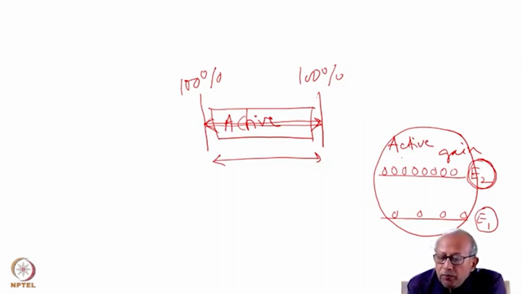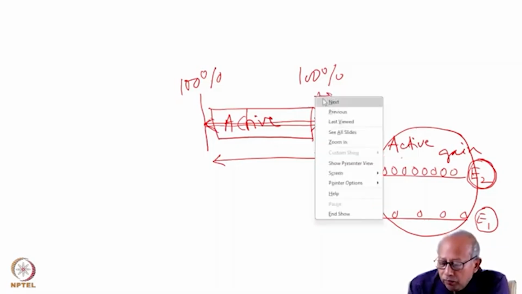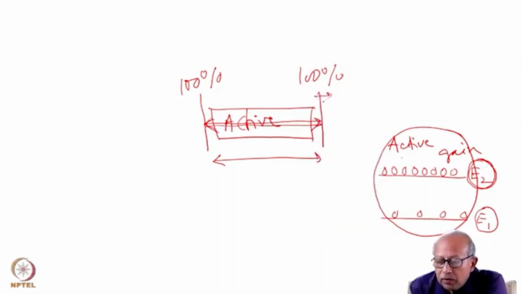However, if we provide an appropriate transmission loss to one of the cavity mirrors, then a part of the light that is going inside the cavity will couple out as a useful loss, which will form the laser output.